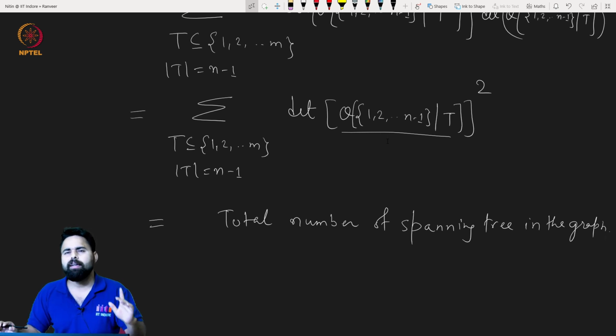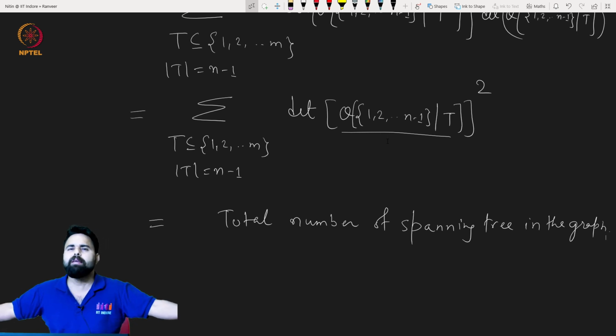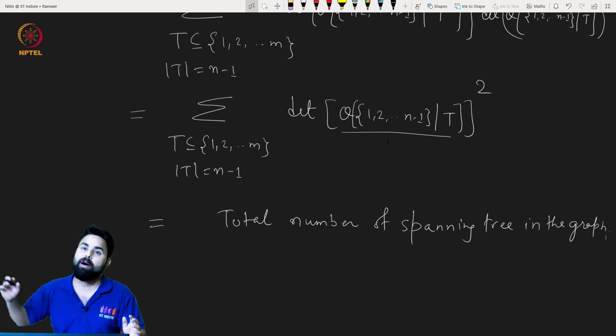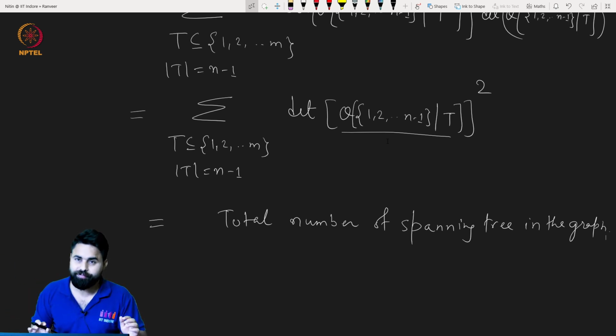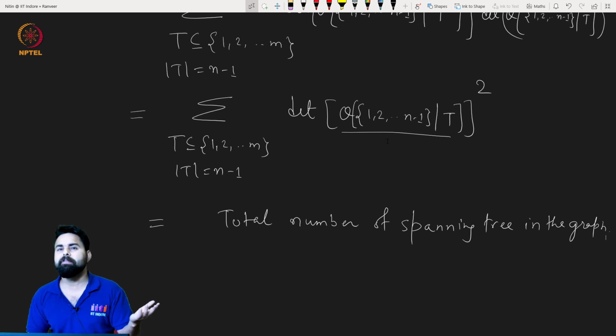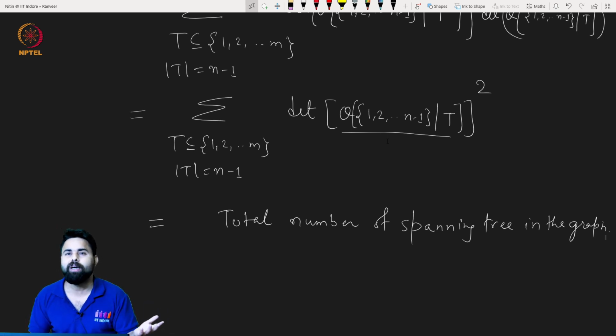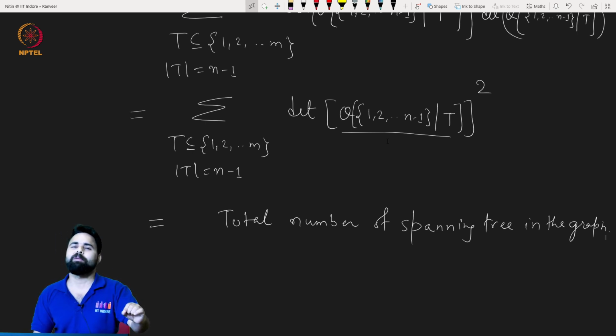The reason is that there can be many subsets of size n minus 1 out of m, where m is the number of edges. But why is this determinant thing efficient? Maybe this determinant is very complicated or very inefficient to calculate. Fortunately, we can compute the determinant very efficiently.